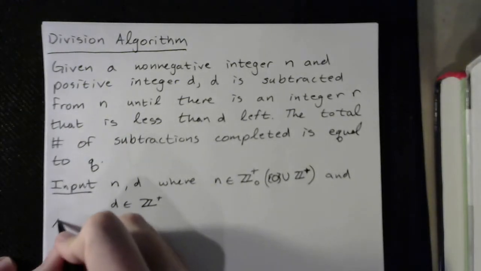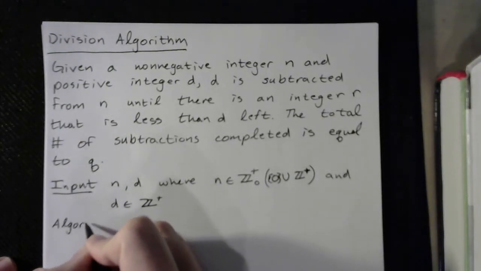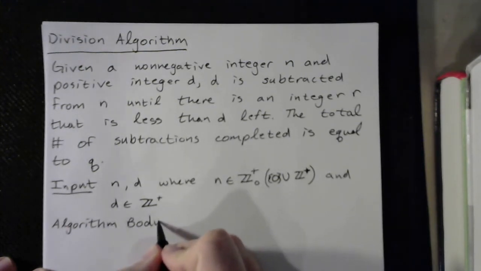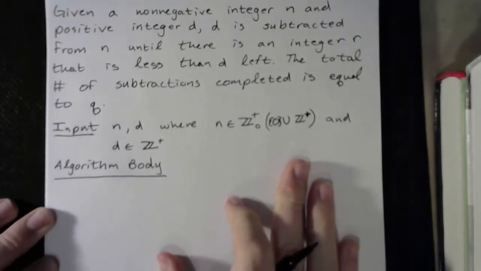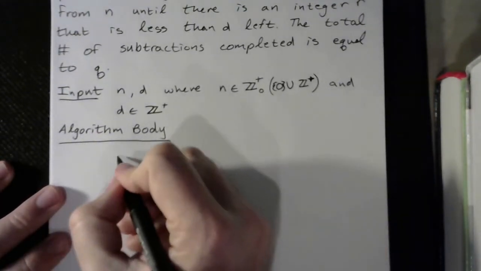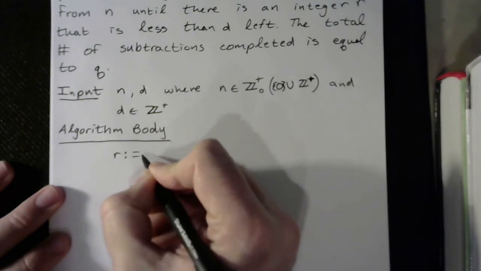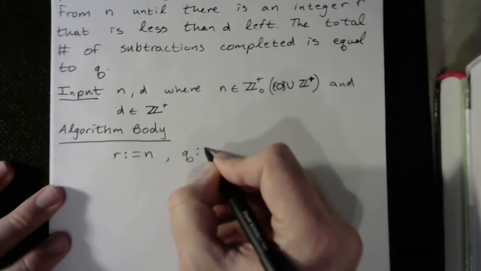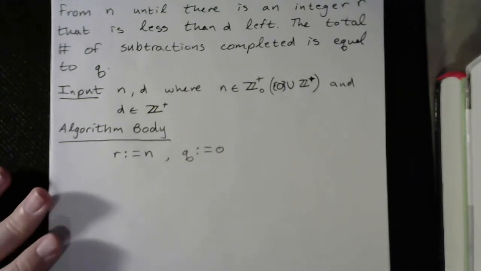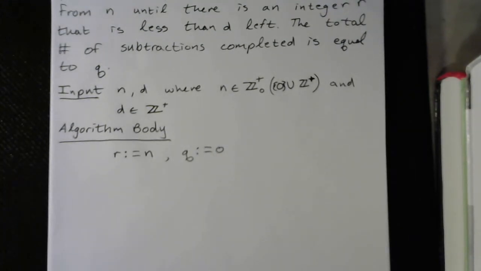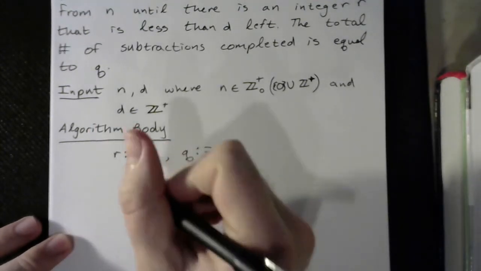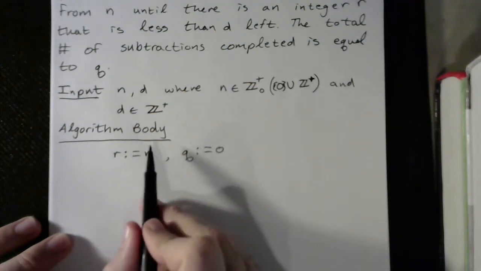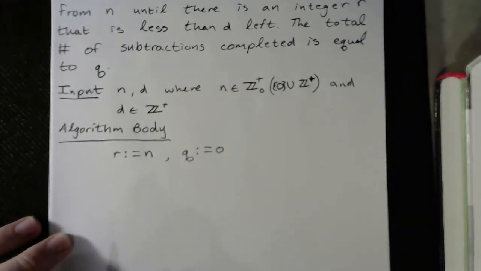Our algorithm body goes as follows. First, we define r to be n, and we define q to be 0. The reason we're defining this is because we need to have a starting point, and we know if we don't do any subtractions, the remainder is the whole number that we're going to start with.